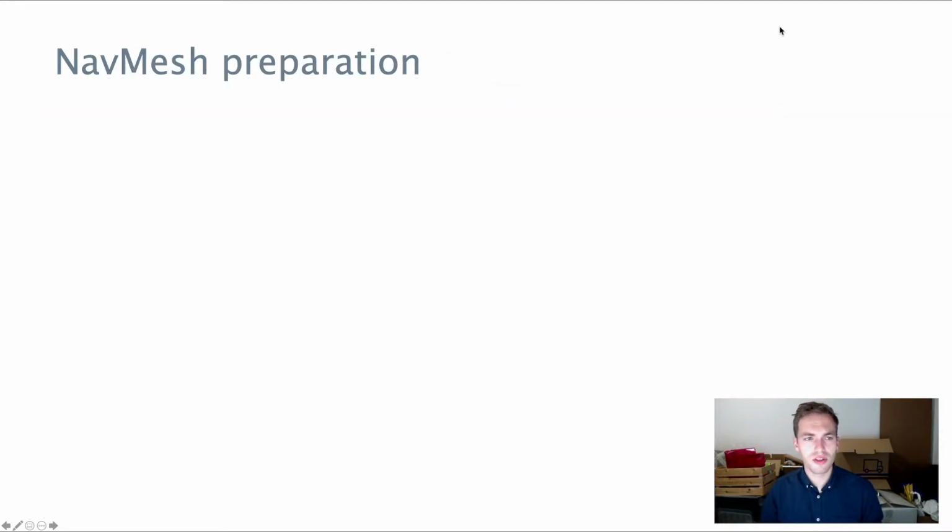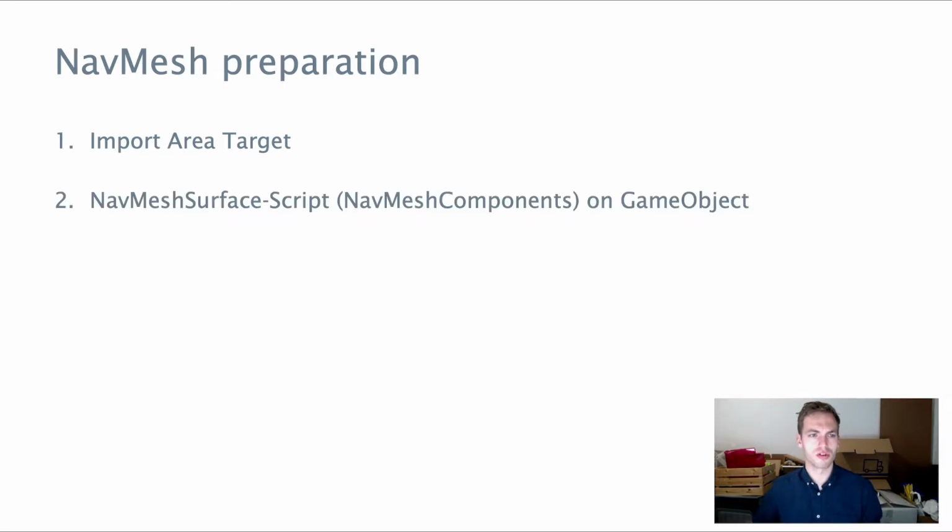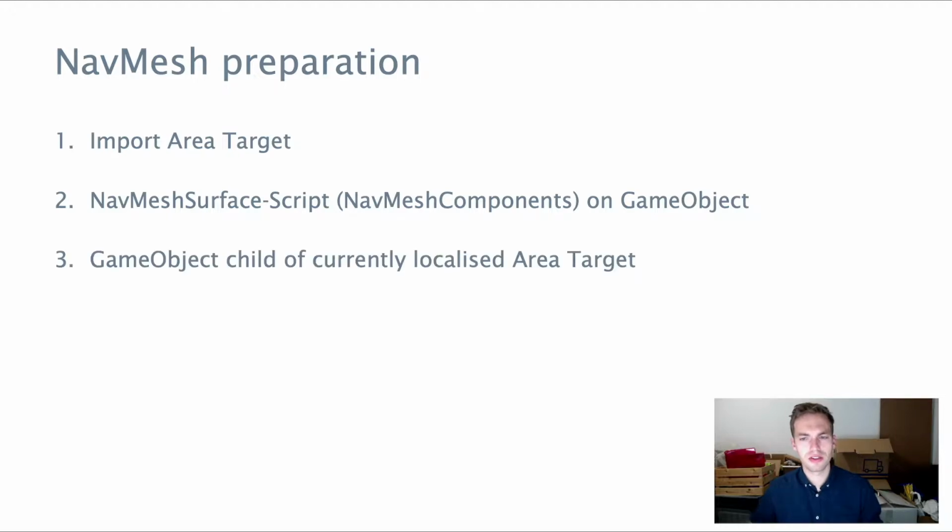Then there are different things that you have to consider when preparing the NavMesh for the navigation. You also, of course, import the area target. Then you put the NavMesh surface script on a new game object, and this game object has to be a child of the localized area target.